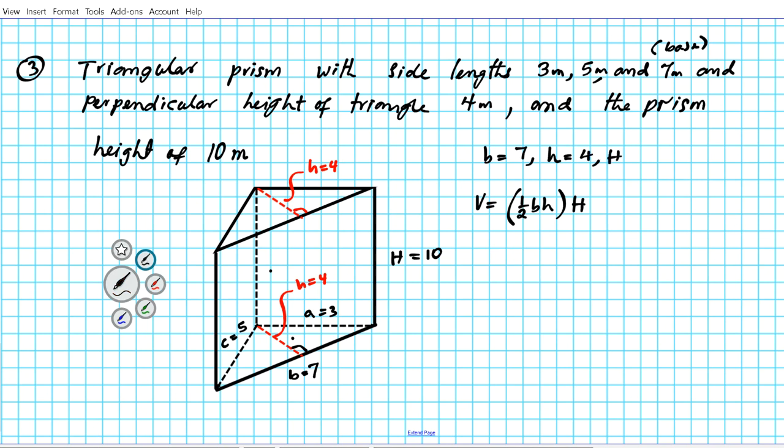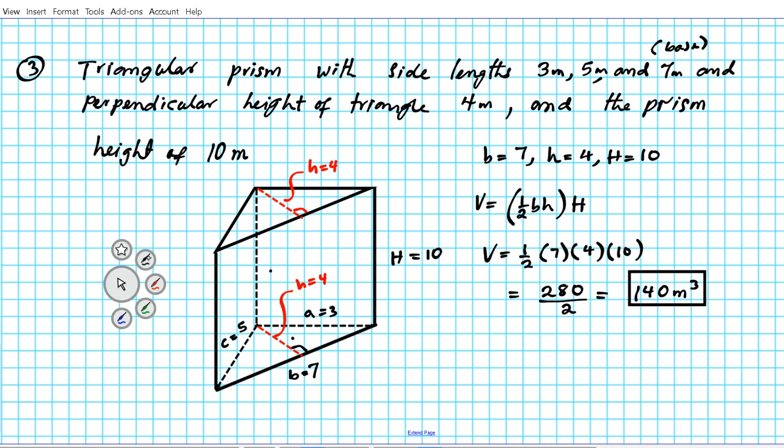And then the height of the prism itself is 10. Okay, so the volume is going to be 1/2 times the base, which is 7, times 4 times 10. So this is going to be 280 over 2, which is 140, and since it's volume, it's going to be meters cubed. So there goes the volume of our triangular prism.